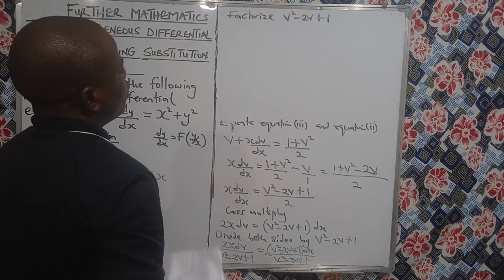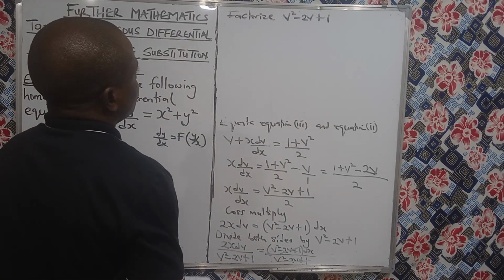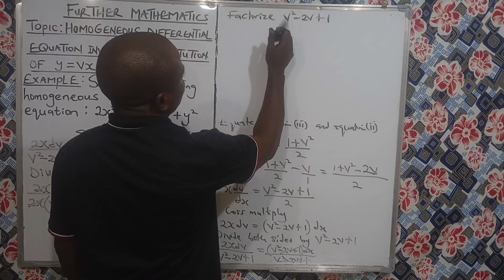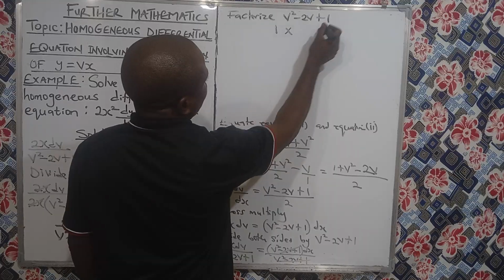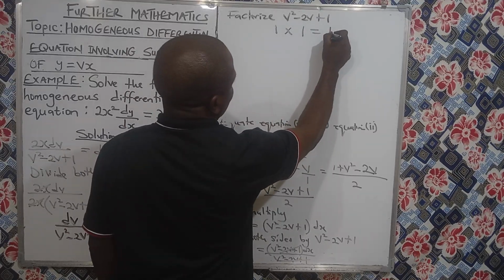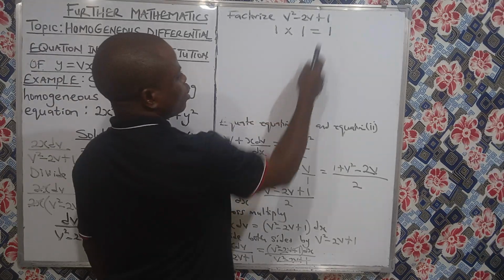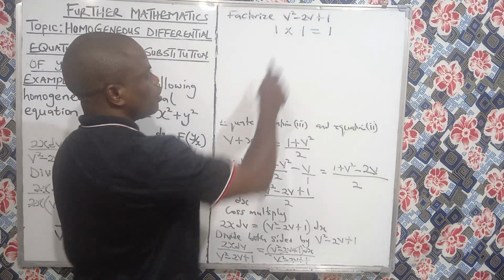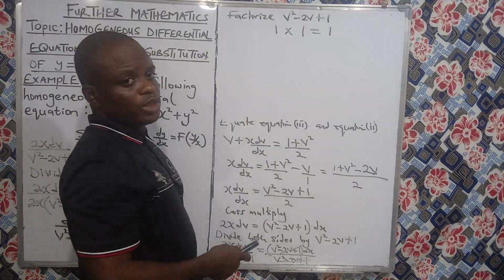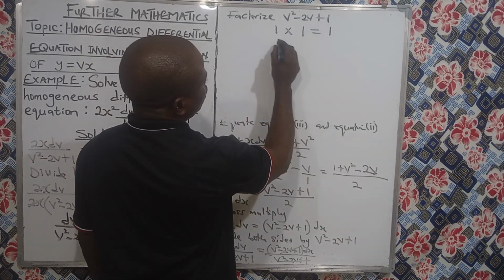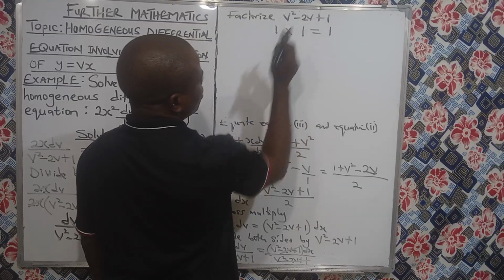When you carry out factorization, what will you get? Look at the coefficient of v squared, it is 1. Multiply with the constant, which is 1, gives you 1. Now think of two numbers that when you multiply together give you 1, and when you add those two numbers together give you the coefficient of v, which is minus 2. 1 times 1 gives you 1, but 1 plus 1 gives you 2, and we have minus 2.